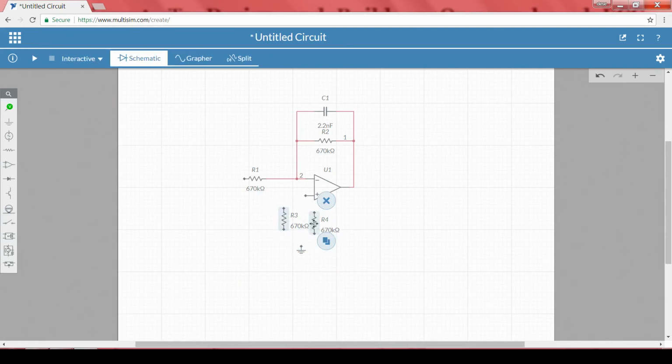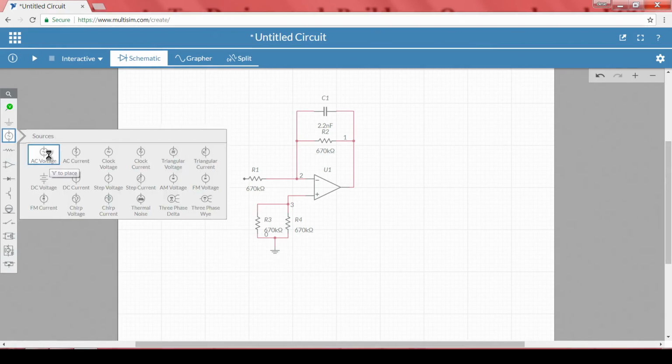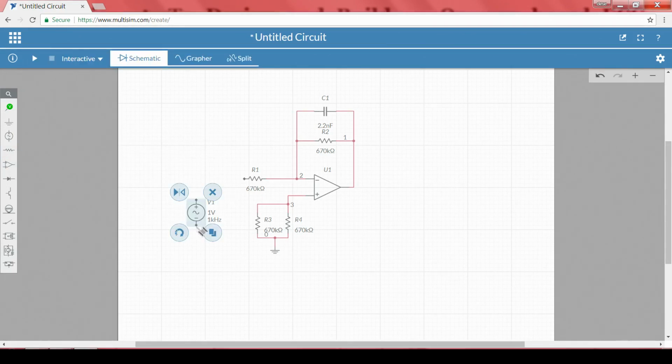So, I am taking R1 and R2 resistors and connecting these two in parallel, so that it will compensate for the effects due to the bias currents. Then I have to apply some AC voltage, right, and the other terminal should be connected to ground.